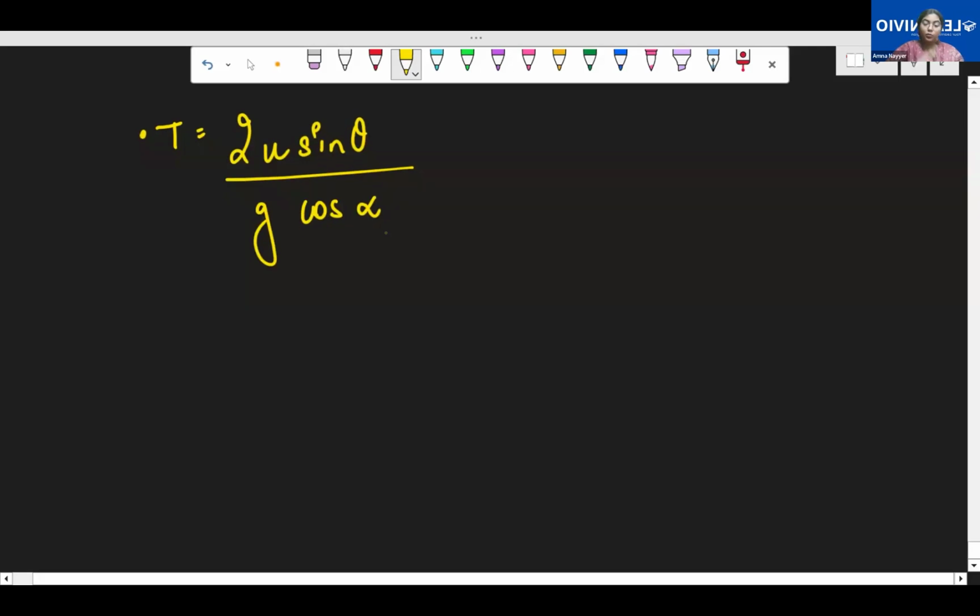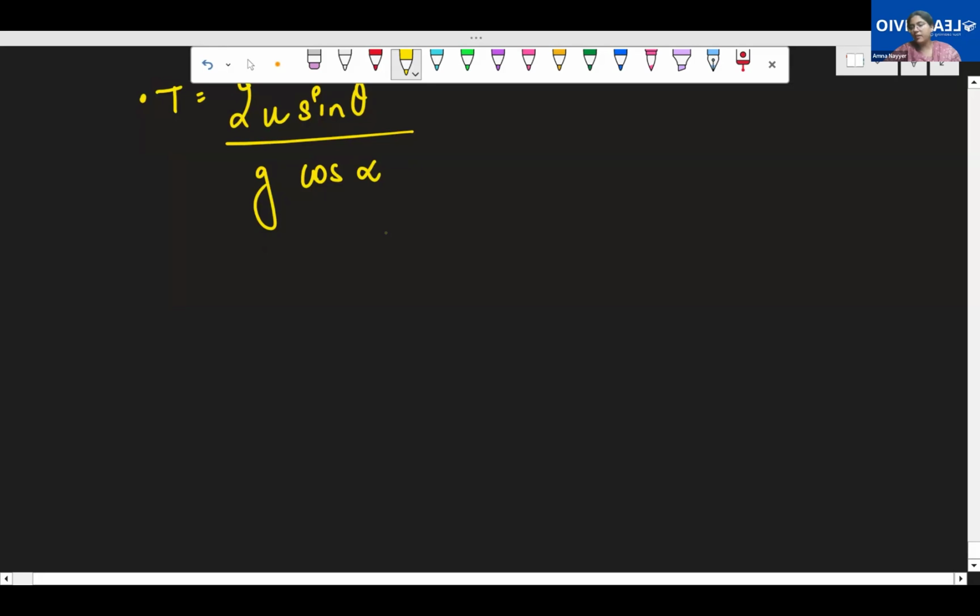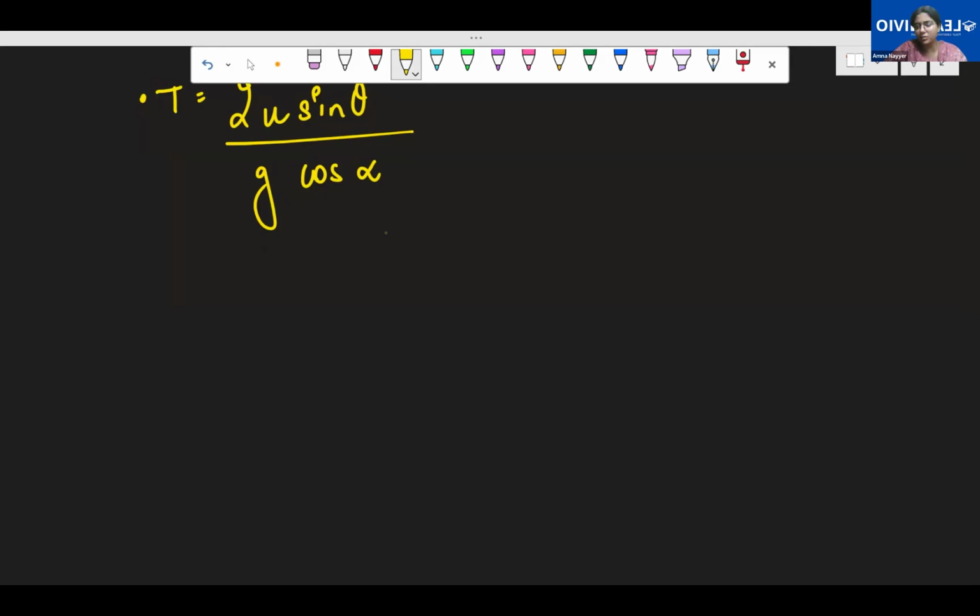Regarding the velocity, see, velocity will have two components, x component and y component, as we discussed in projectile motion. So for the velocity along the x-axis, this will be u cos theta minus g sine alpha t.